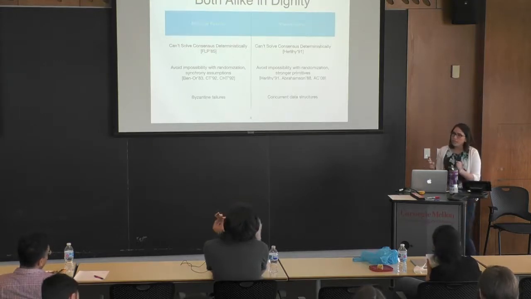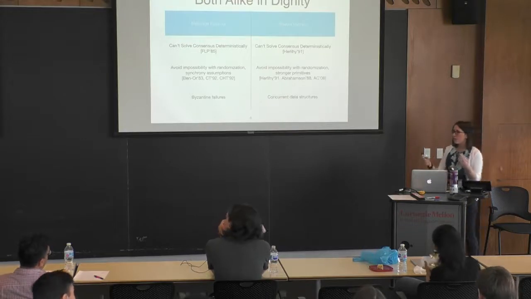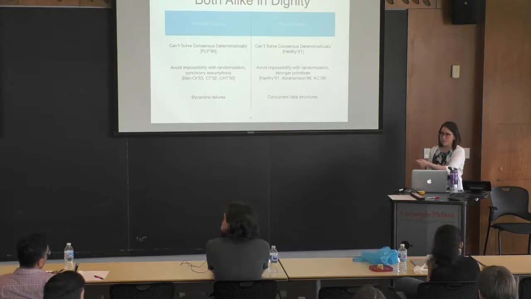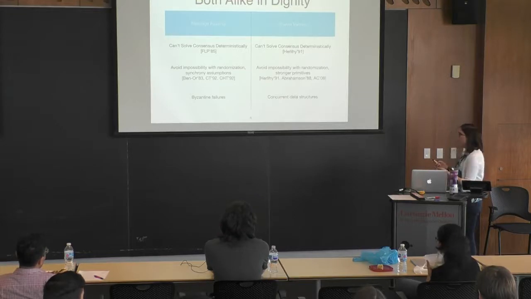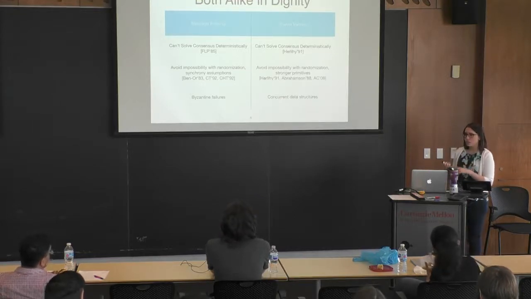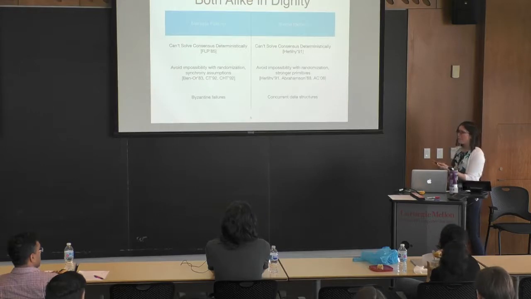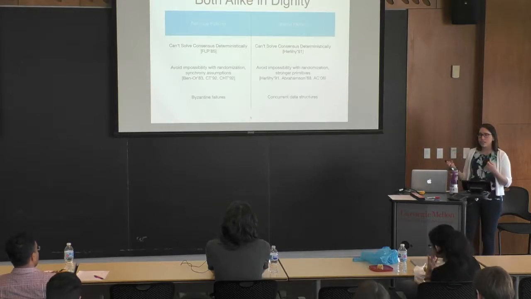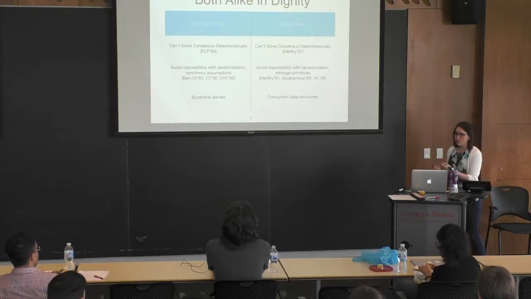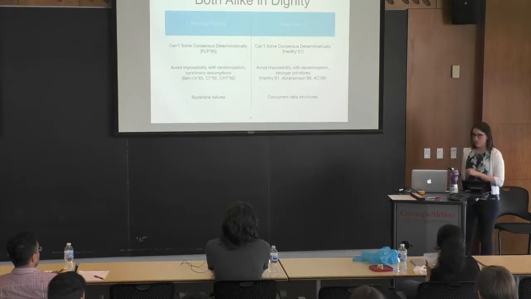So it's not completely asynchronous, it might be slow, but you have some bound on the time that it takes for messages to get through. And on the other side, on shared memory, randomization has also been used, and the more common thing is to assume that you have some stronger primitives that allow you access to the memory. So instead of just reading and writing, you might be able to atomically compare and swap or atomically increment some counter, and that helps you achieve consensus.